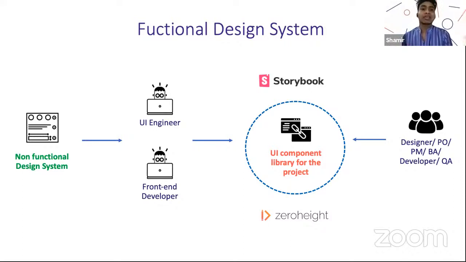That's why we call it a functional design system, because we can actually see how these components interact with each other and how it plays along. And designers, product owners, product managers, business analysts, developers, and QA engineers can refer to this as well along the product development phase.